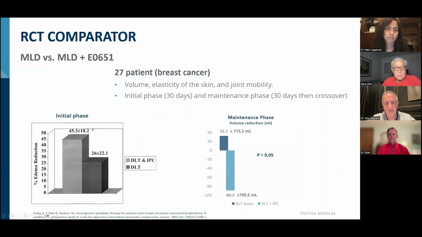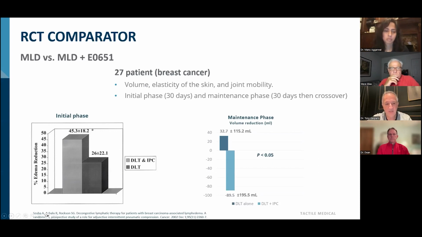This is comparing, and most of the data, randomized trials are done with breast cancer patients, small studies. And this basically compares what happens to edema reduction when you add pump therapy to MLD. So MLD versus MLD plus simple pump.